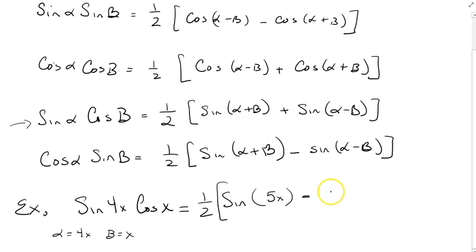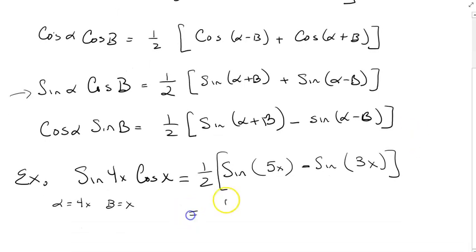I don't know why I said minus. I added them plus. I'm not sure why I did that. And then here I want 4x minus x. So 3x. You might think, well, that's kind of a bit simplistic. And it is.